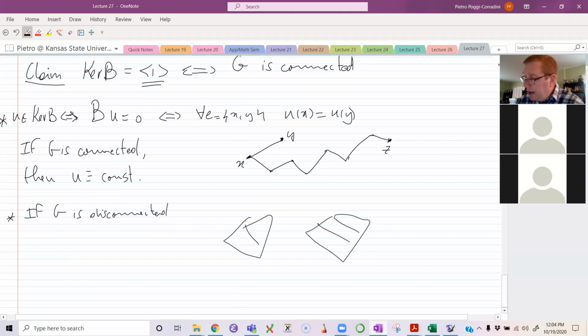So this is going to be some component, I'll call it G1 and G2. You can play around with the indicator function of, say, the vertex set of G1, the one that's 1 here and 0 there, and then the other one that's 1 here and 0 here.